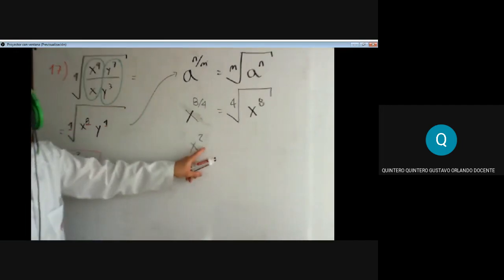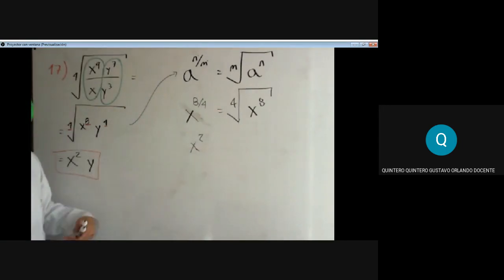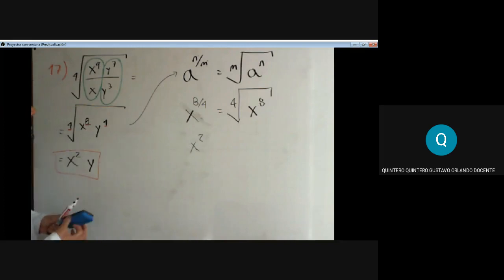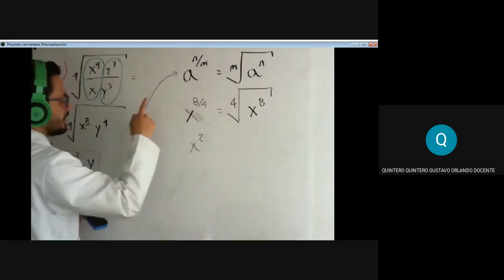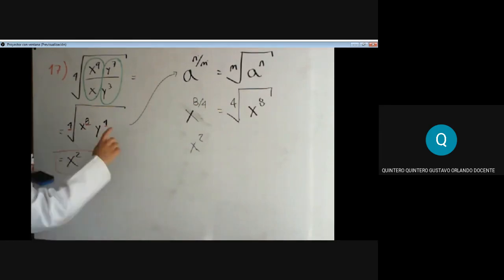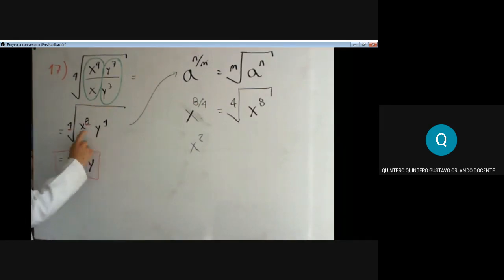It can be done, but it can make things a little bit harder. So I advise you to use this property, the division of exponents, only when the exponents can be divided. Same thing happened here. Look, 4 divided by 4 equals 1. There we go.